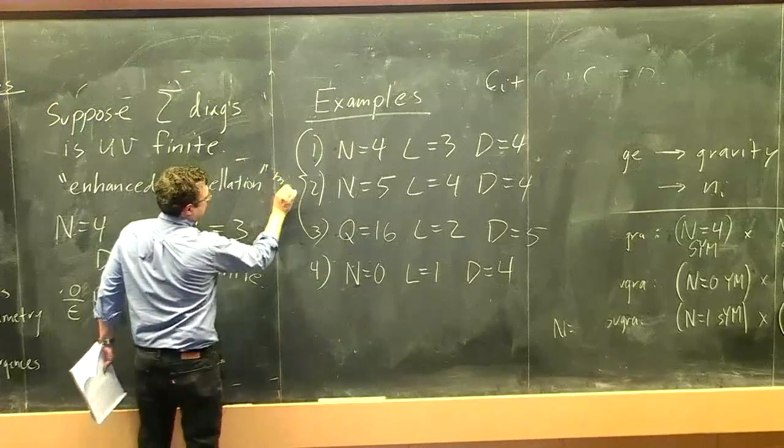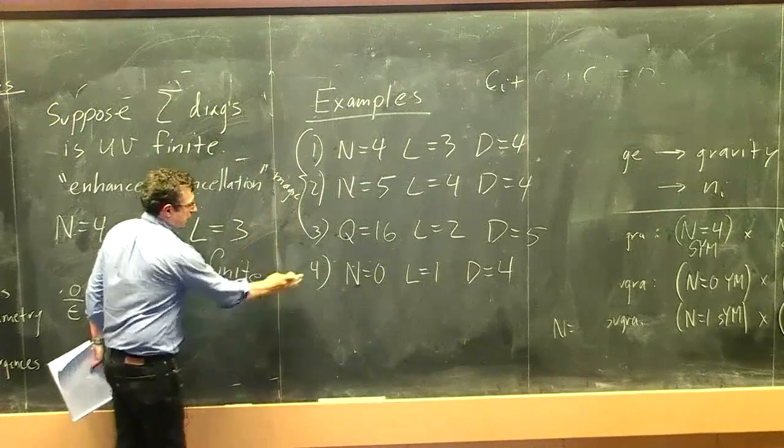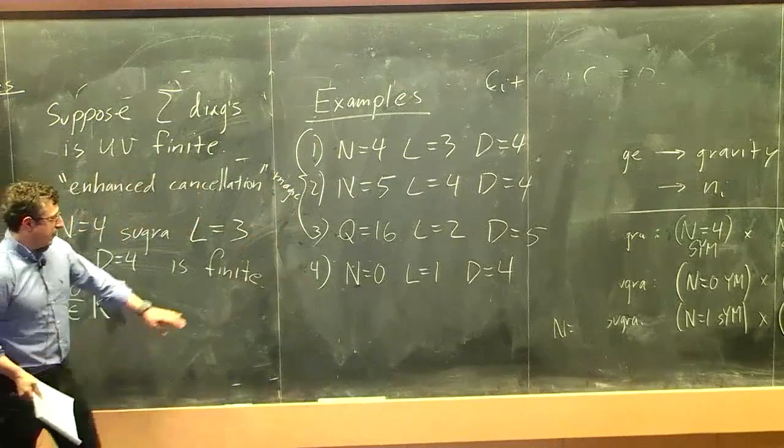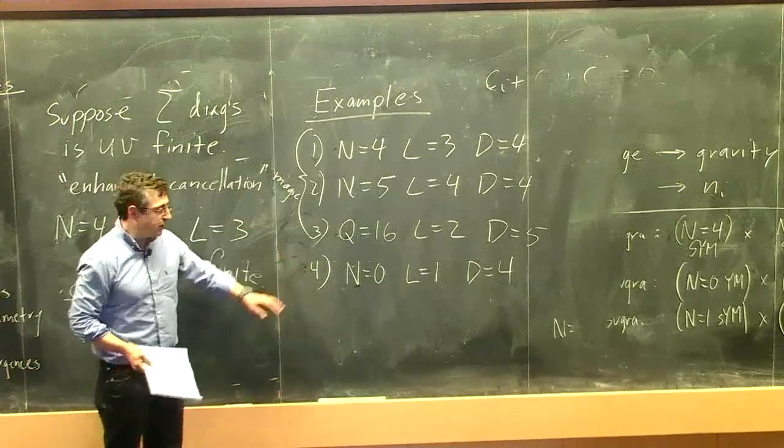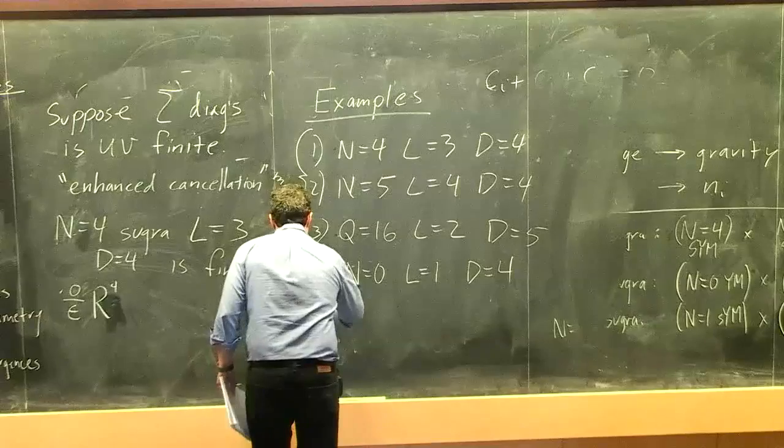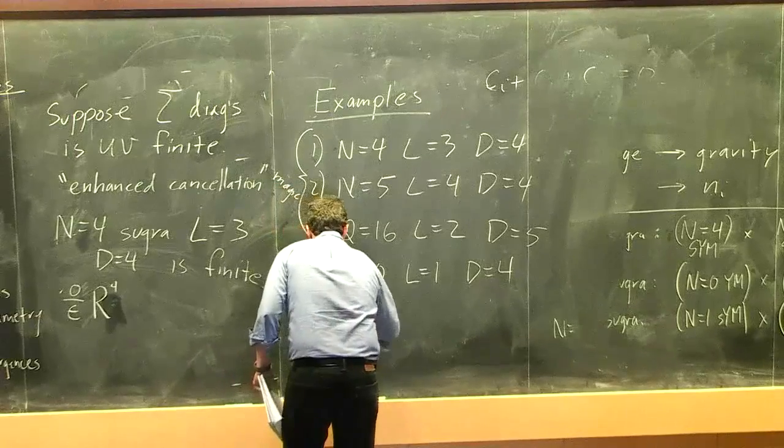This is magic. Here, at least the lack of the one-loop divergence we wouldn't call magic, because we understand this very well. That was understood by 't Hooft and Veltman.